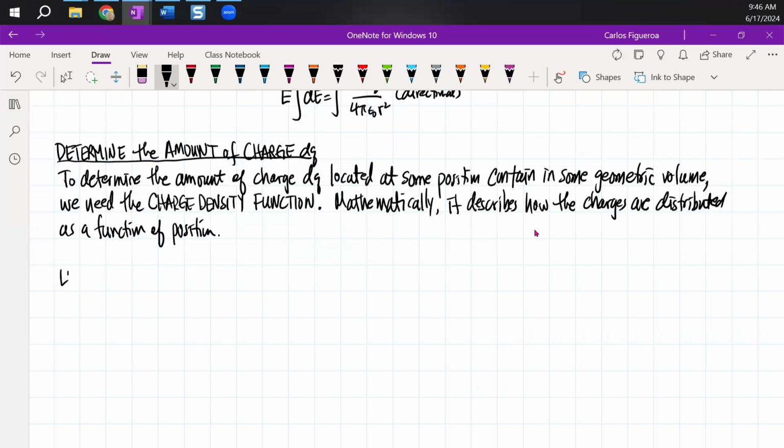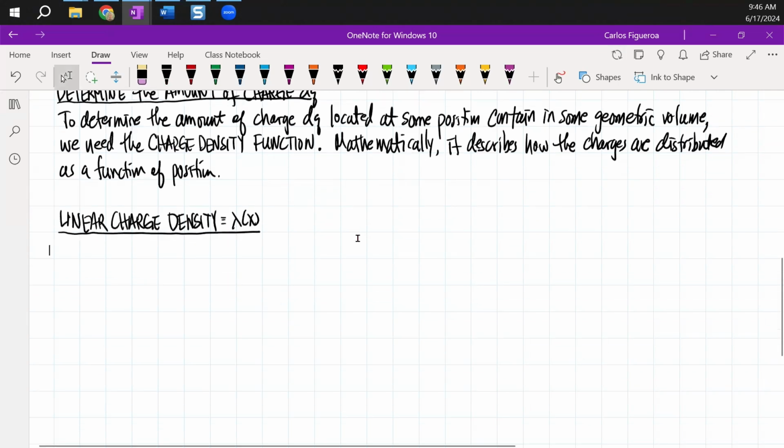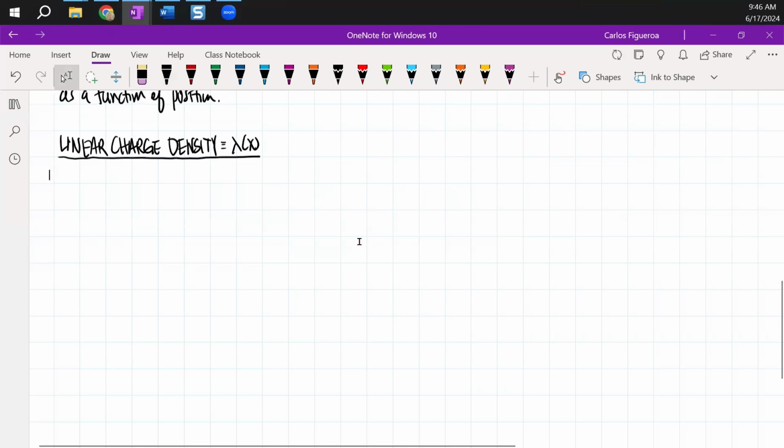So let's start with the linear charge density, which is defined as lambda of x. Let's look at the definition.